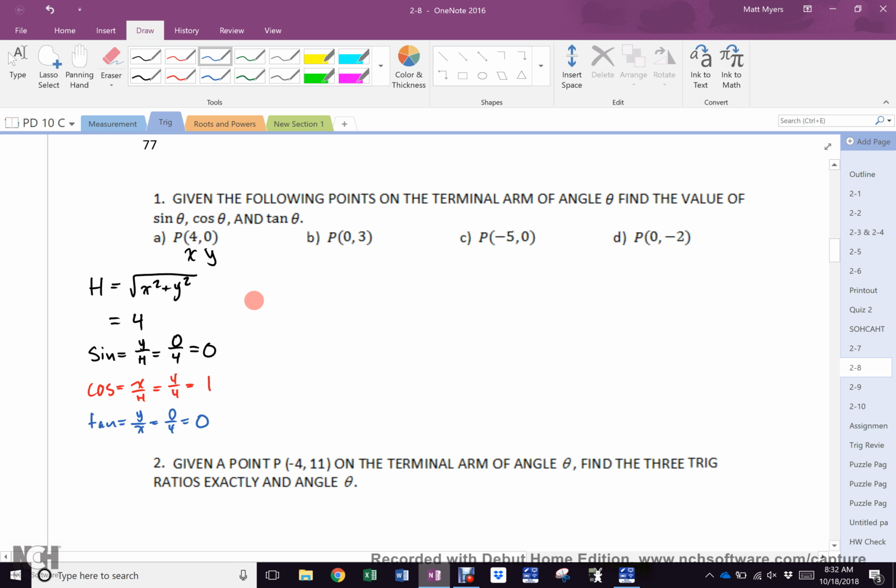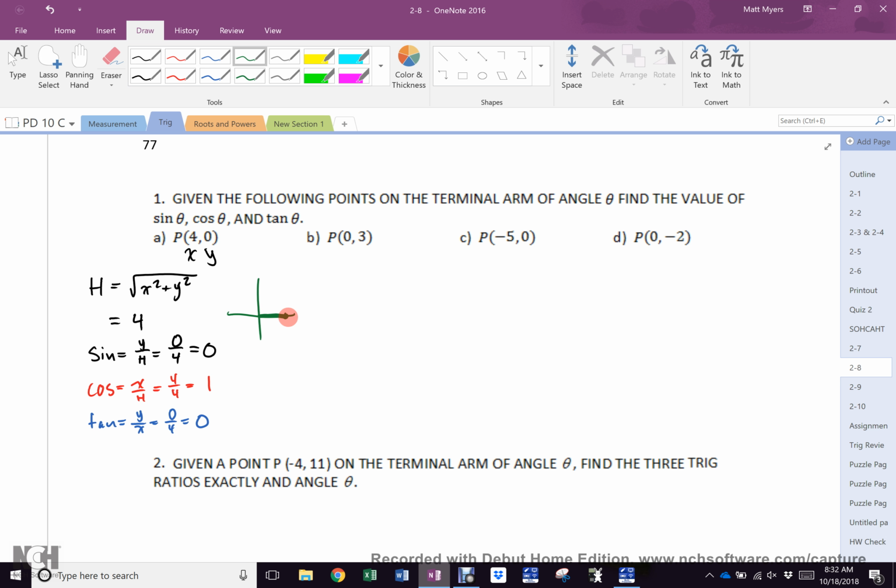Now, if I were to ask you to draw it, what would it look like? Where is 4, 0? Out here, right there, yes? My terminal arm and my initial arm are right there, yeah? Did I go up at all? So what's the angle? 0.